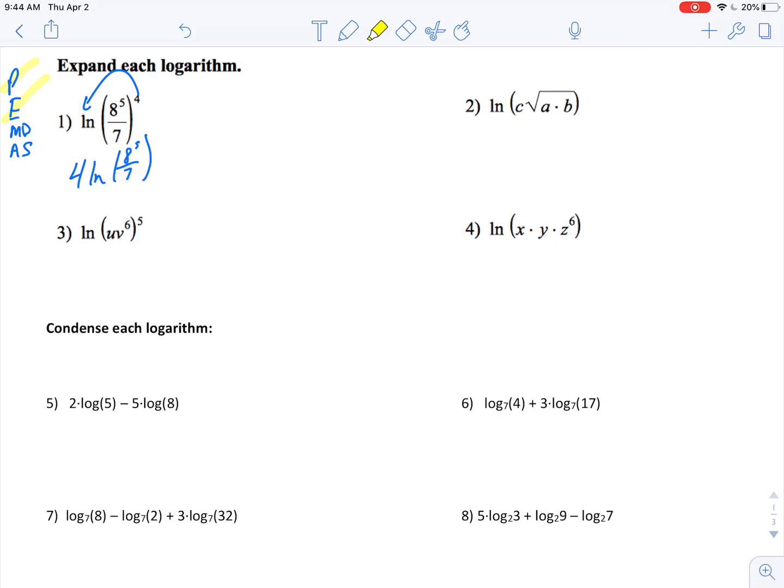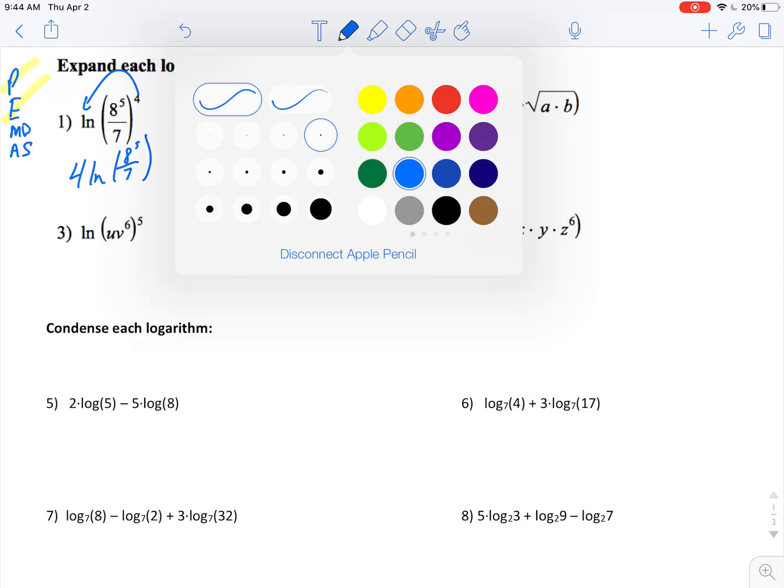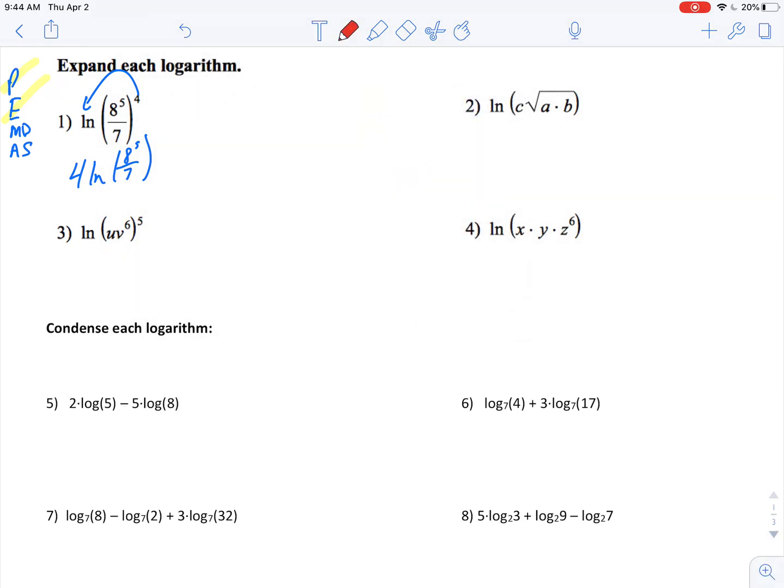And our last 2 steps here, we did our parentheses, we did our exponents, multiplication, division. So we're going to look at what operation is going on in here. And since that's division, I'm going to write this as 2 logs. So 4 times the natural log of 8 to the 5th, 4 natural log of 7.